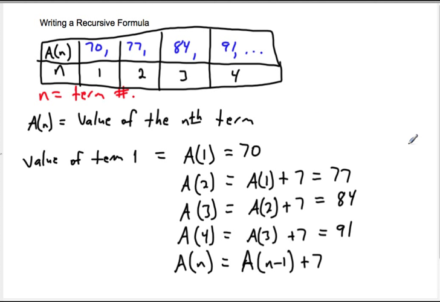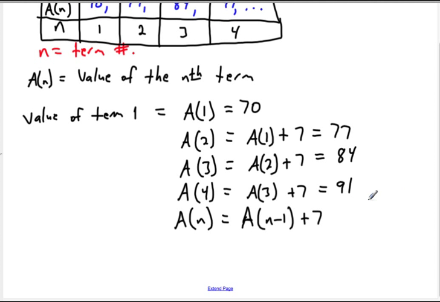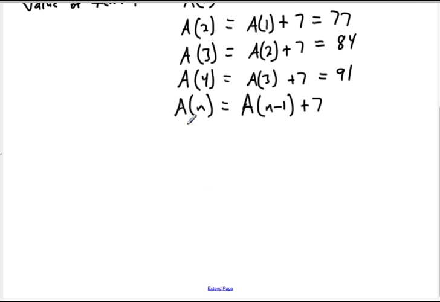So if we wanted to find the value of the 8th term, for instance, we would need to find the value of the 5th term. So that would be, what are we at? 91 plus 7, which would equal 98.